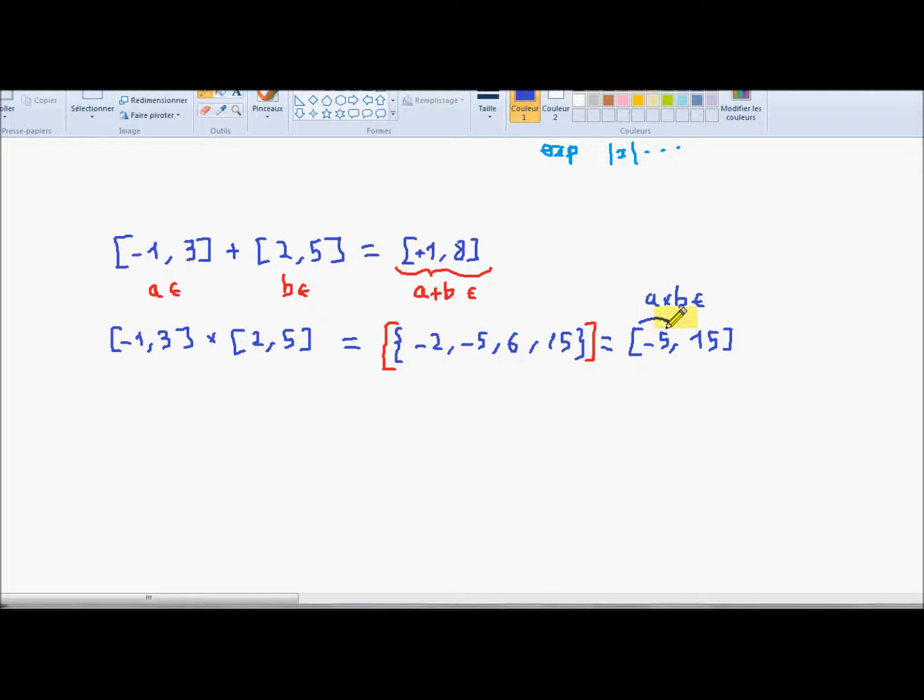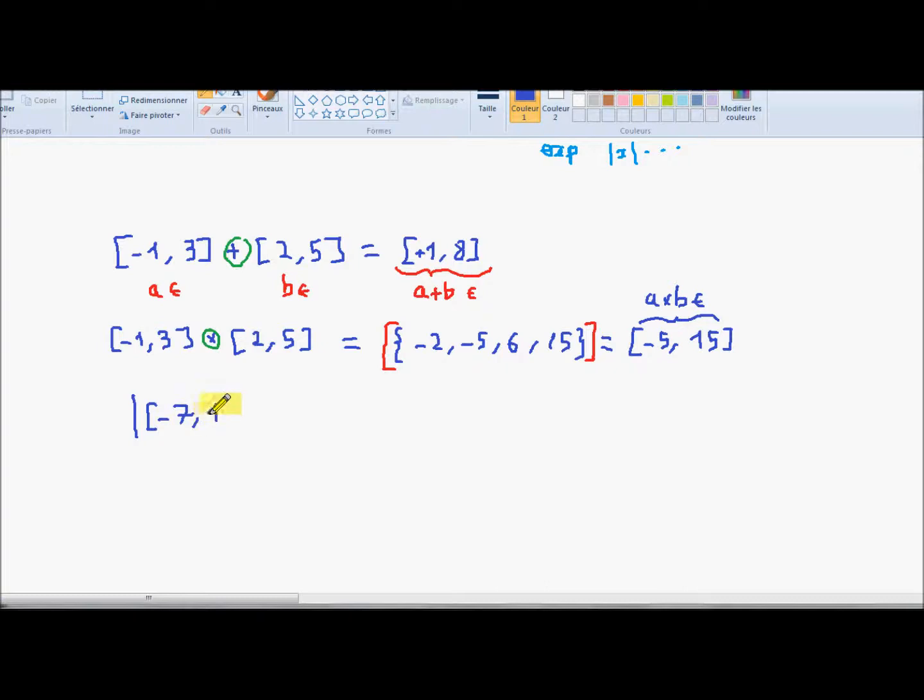Okay, so I have defined here the addition and the multiplication, but I can also define some other operations, such as sine, cos, and so on. Let me consider, for instance, the absolute value. The absolute value of the interval [-7, 1], for instance. What does this mean?